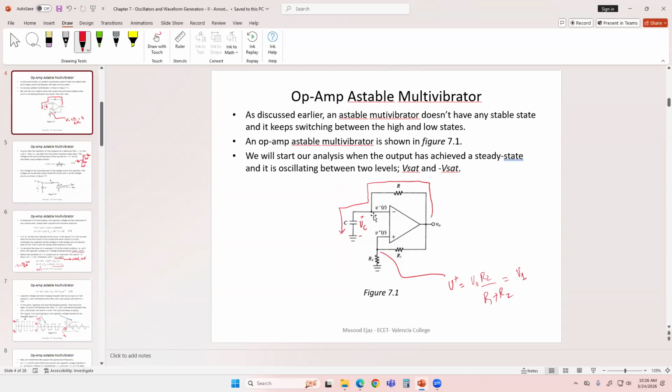But as soon as it hits V1 and exceeds it a little bit, the voltage here is going to become more than the voltage over here. That means that the differential voltage between V positive and V negative is going to become negative, and the output is going to go from VSET to negative VSET right away. And that's what happens over here.